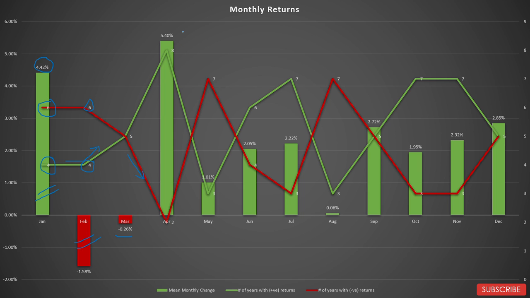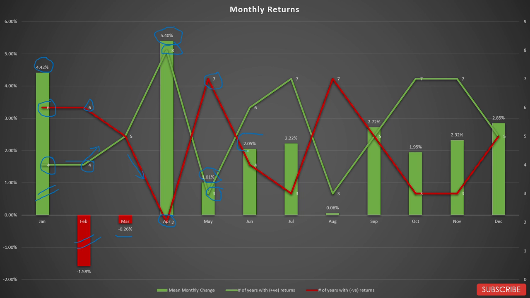April seems to be the best month for this sector with average returns of 5.4%, with 8 years giving positive returns in this month and only 2 years the sector gave negative returns in the month of April. May, an average month with 1.01% average returns, with 7 negative and 3 positive years.